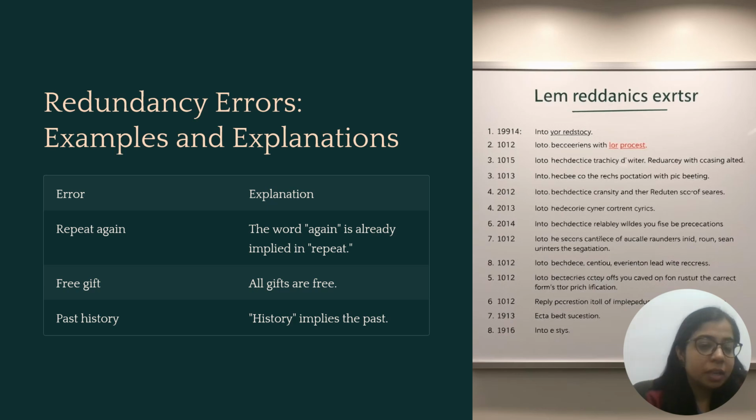The example I gave you, free gift: all gifts are free. And past history. The history is already in the past. That's why it's history. So we don't have to use the word past with history. So these are redundant words, and what we should use is given in this slide.